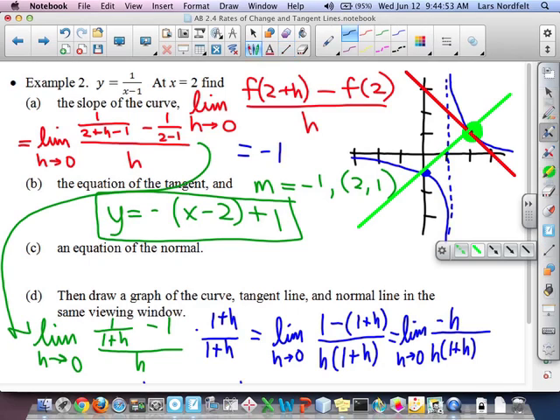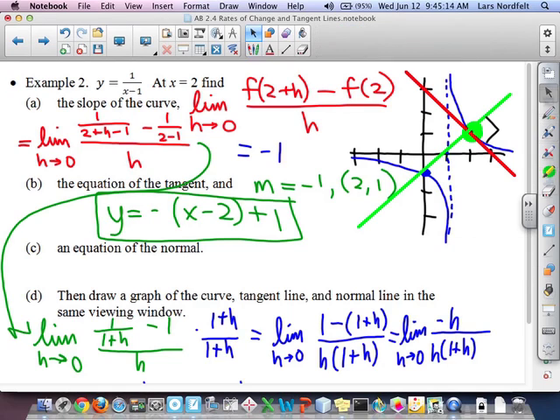And they are perpendicular. So if you find the slope of the tangent line, what's the slope of the normal line? It's the opposite reciprocal. So if the slope of our tangent line is -1, what's the slope of our normal line? It's +1. It still goes through the same point, (2, 1).